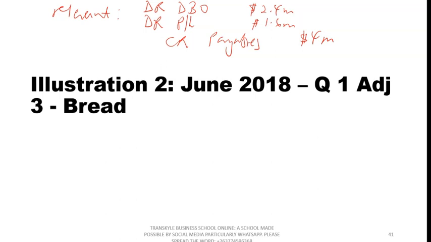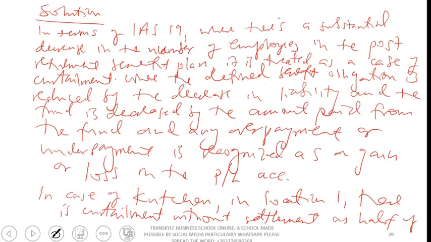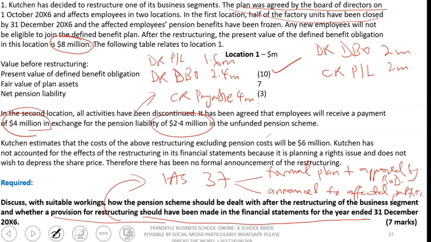In the case of Chen, it has been stated that the plan had been agreed with the board of directors on the 1st of October. So that's when the plan had been agreed.